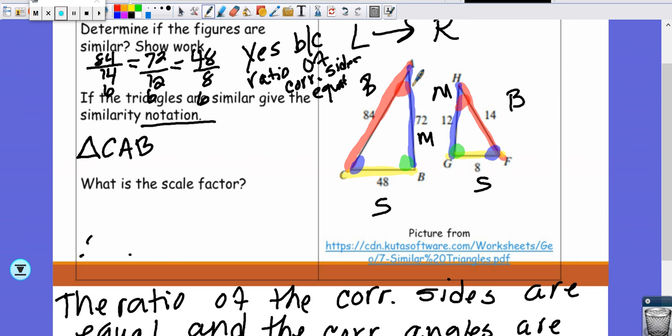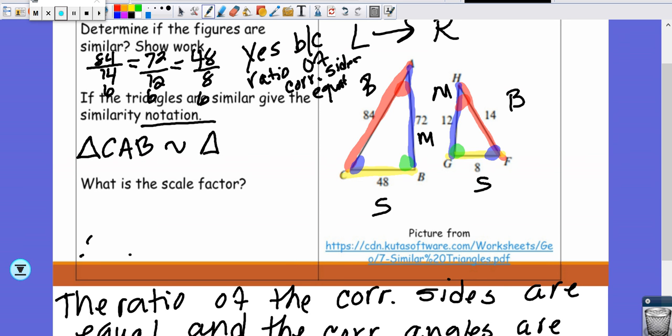So I went from the red side, which is called side CA. Then I went to the blue side, which is called side AB. And then I went to the yellow side, which is called side BC.